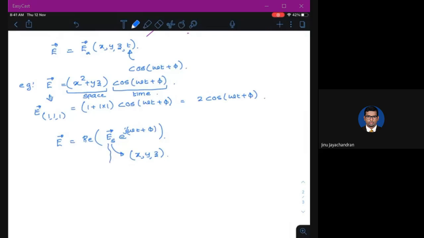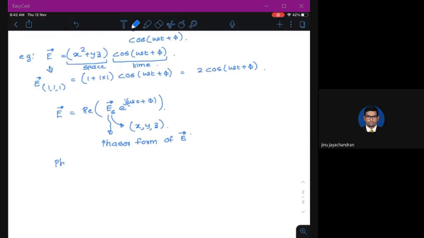And this ES is the phasor form of E. So you see, in phasor form, there is no time dependence. That is, it is not a function of time.